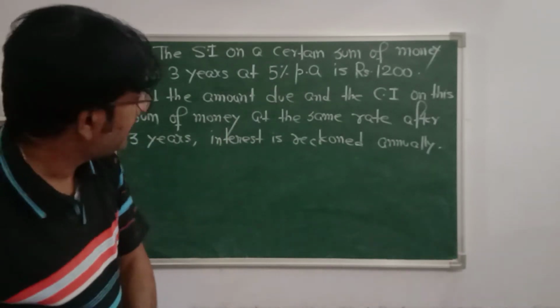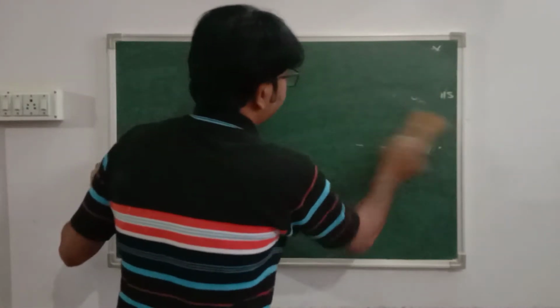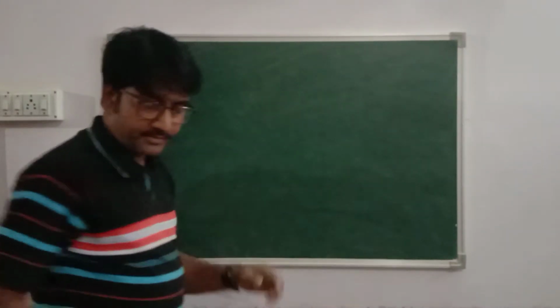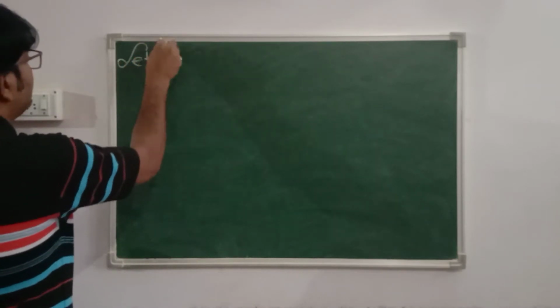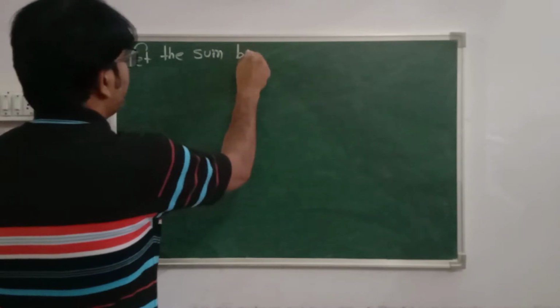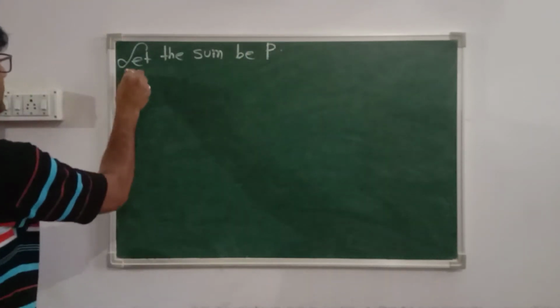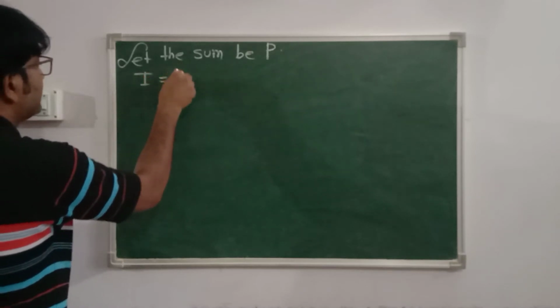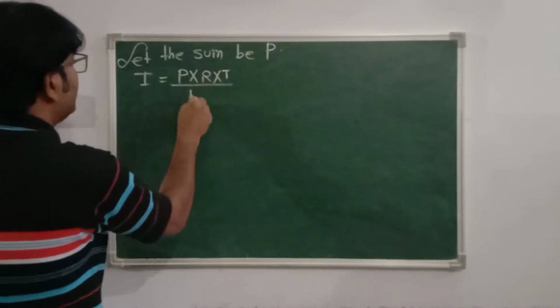Now let us see. To start with, we assume let the sum be P. So the interest given is 1200. So I is P into R into T by 100.